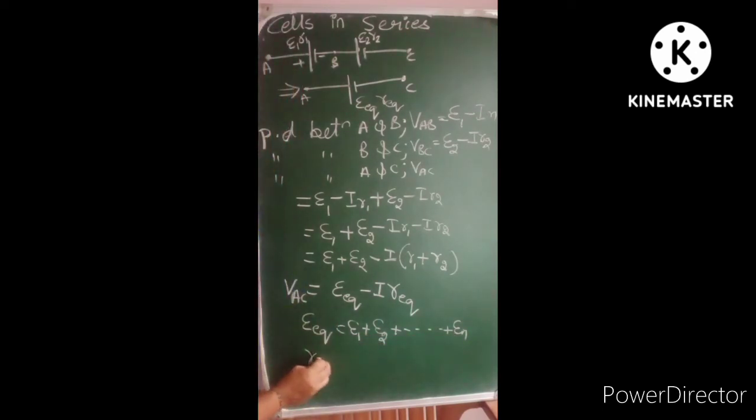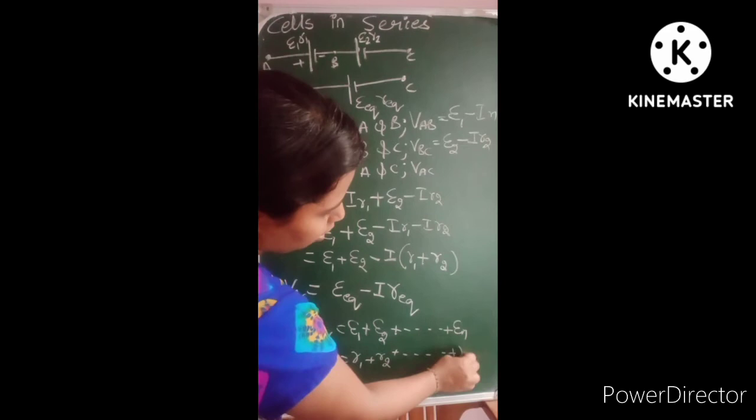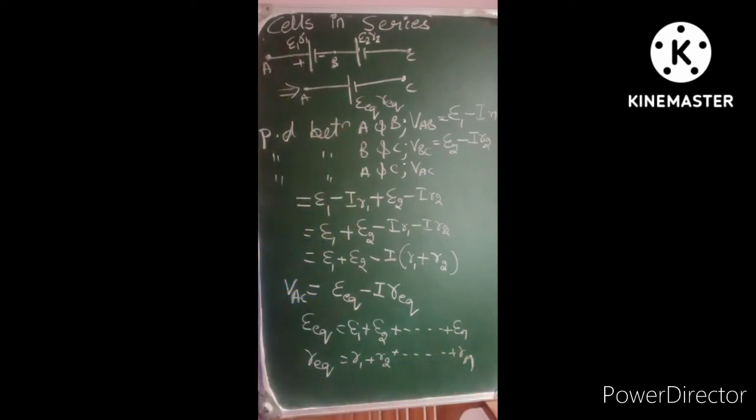In the same way, the equivalent resistance becomes R1 plus R2 plus R3 and so on up to Rn. This is the expression for equivalent EMF and equivalent internal resistance for cells connected in series. This will be asked for 3 marks in your final examination.